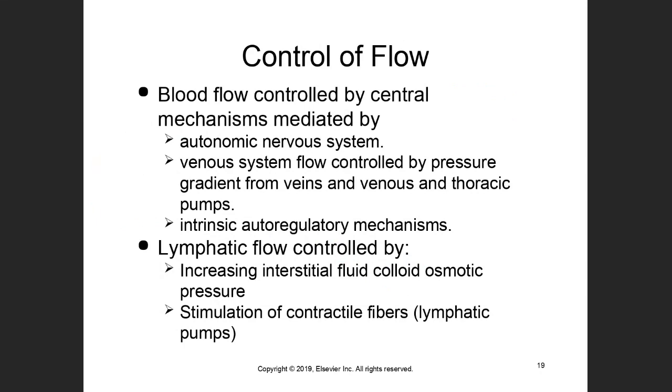Let's keep going. Control of flow: blood flow is controlled by a central mechanism mediated by the autonomic nervous system. Venous system flow is controlled by the pressure gradient from the vein and the venous and thoracic pump. Intrinsic autoregulation mechanism, autonomic nervous system, that means the sympathetic and parasympathetic system, okay?